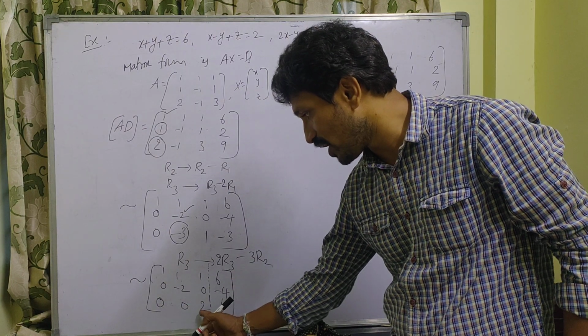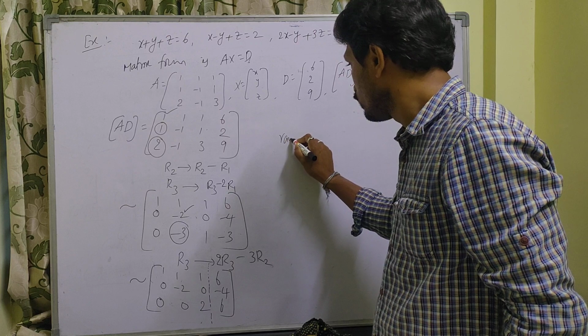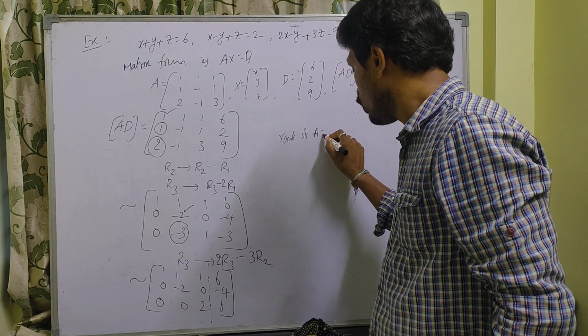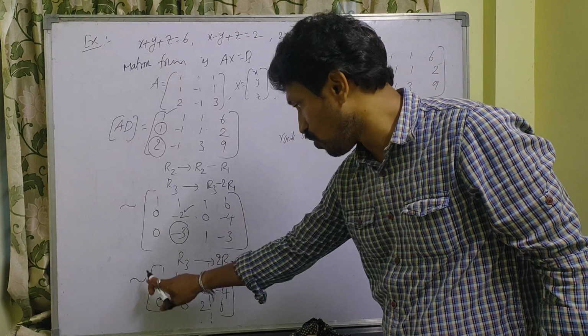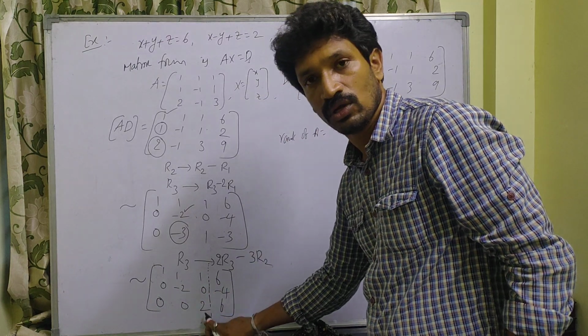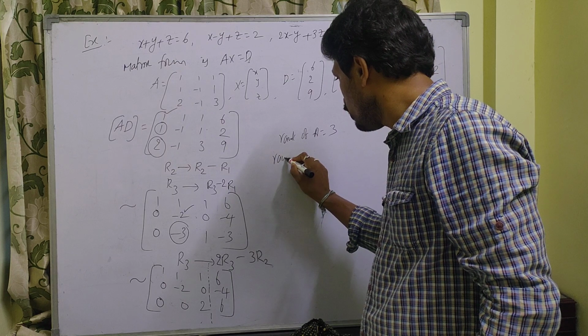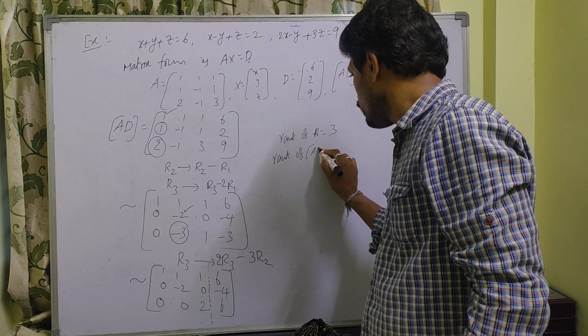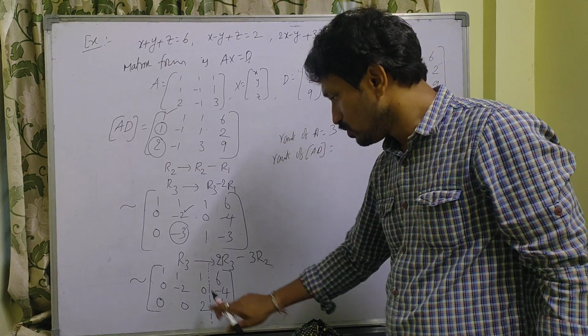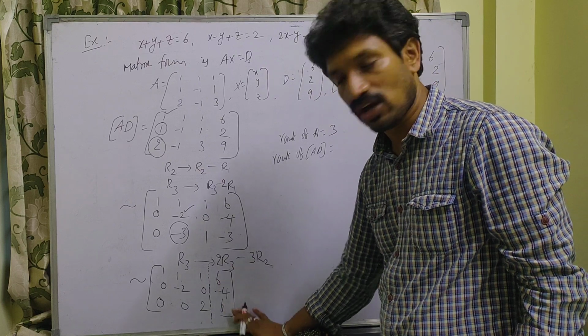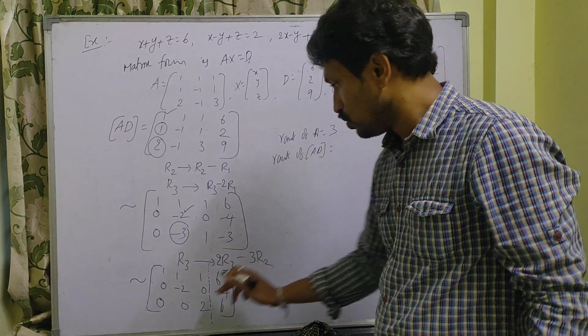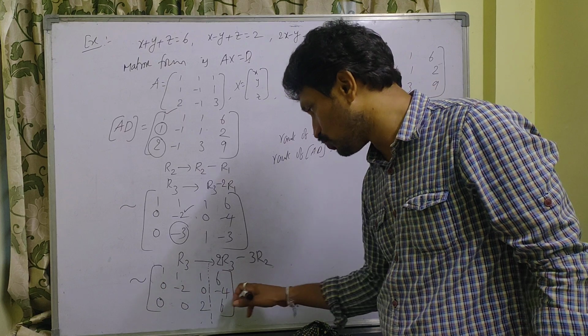So what is the rank of A here? Rank of A is equal to the number of non-zero rows: 1, 2, 3. So the number of non-zero rows is equal to 3. And if you want to observe the rank of AD, without closing the last column, just observe the AD matrix. The number of non-zero rows: 1, 2, 3.